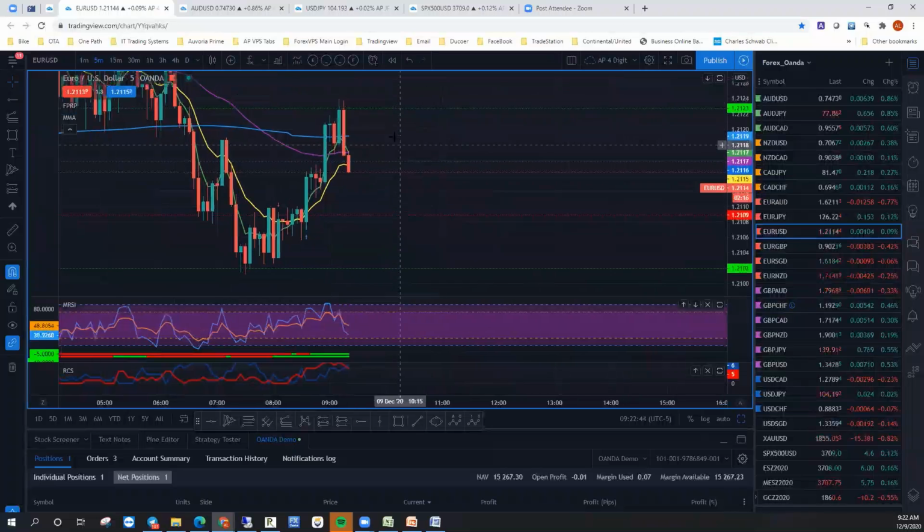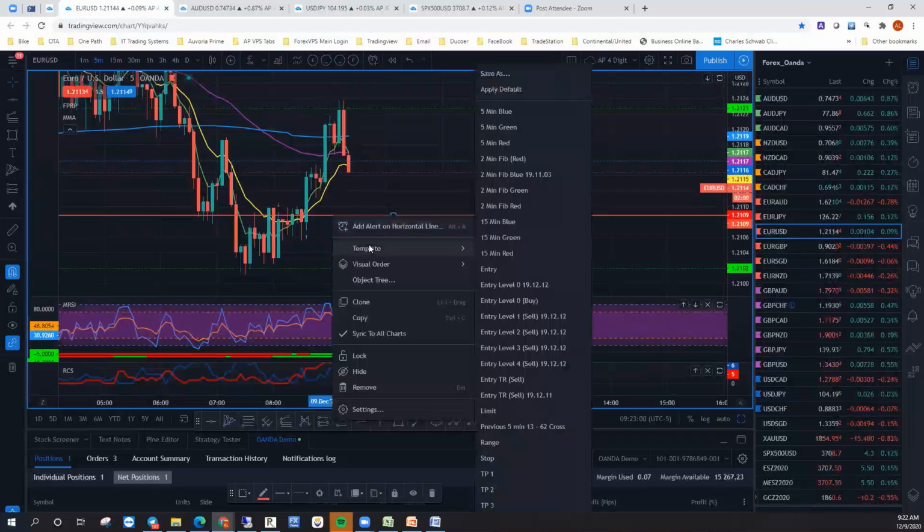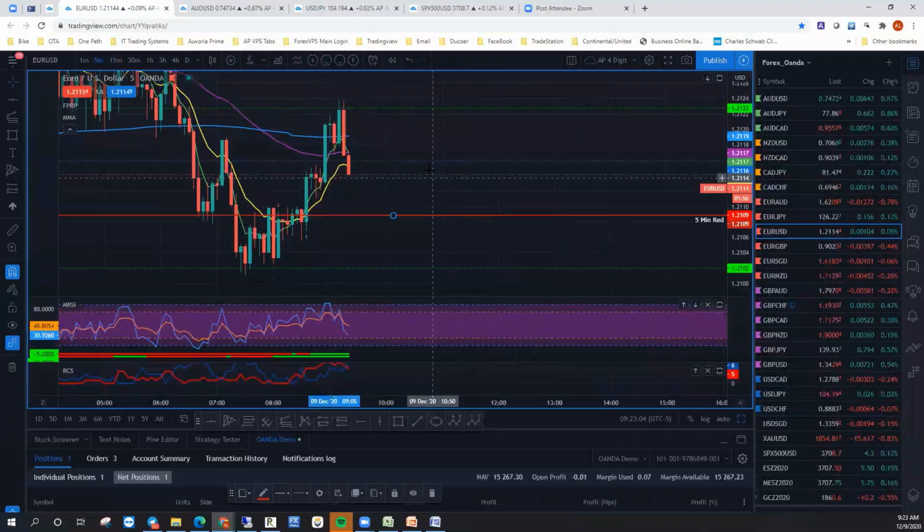And you can see where it's just pretty much trading in this upper third. You find out where the range is, and you just sort of say, okay, when it comes back down here, I'll put a 5-minute line here. This is a 5-minute red. Here's a 5-minute blue.